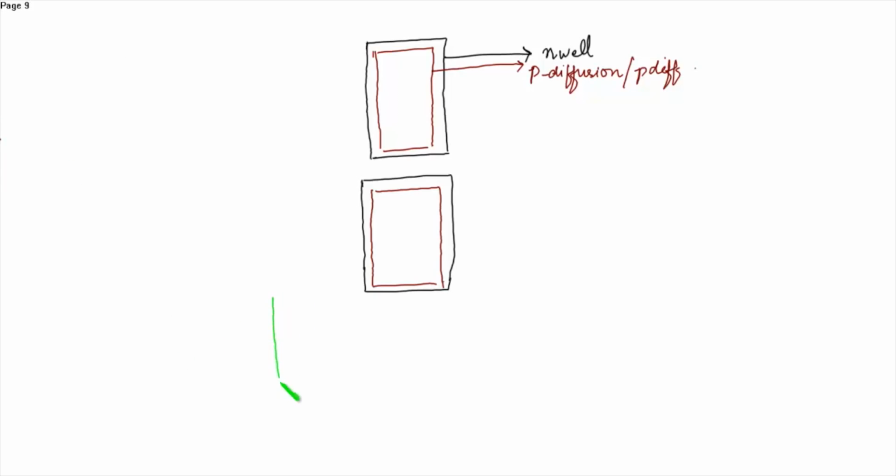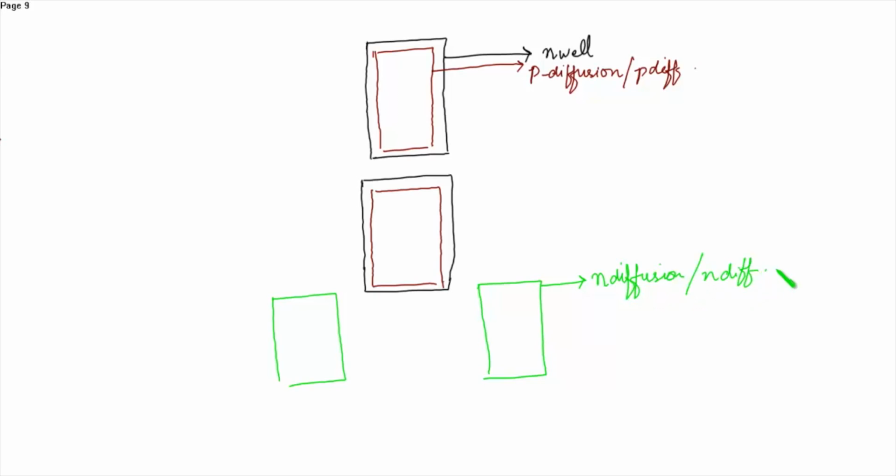So now we have the N diffusion layer, or the N diff layer. Now this is your P1, P2, N1 and N2. So after drawing the MOSFETs, connect the gate.